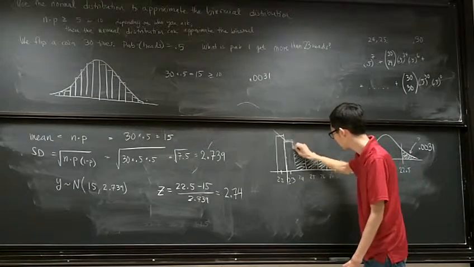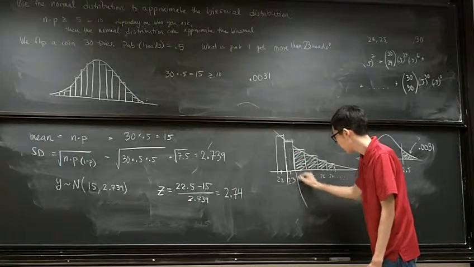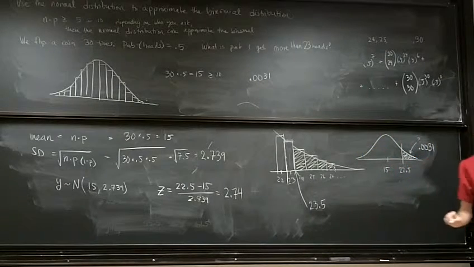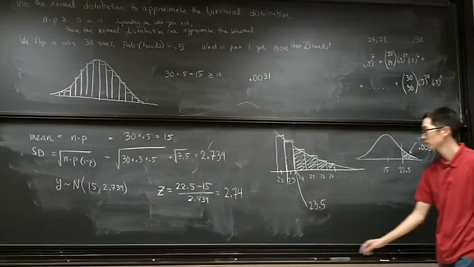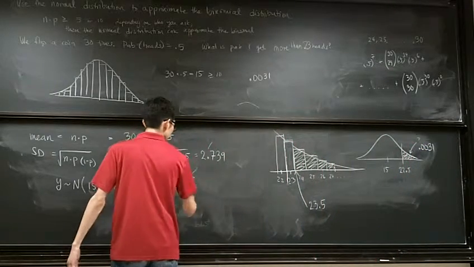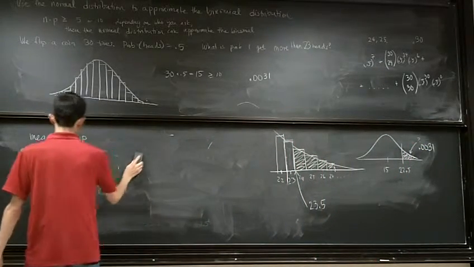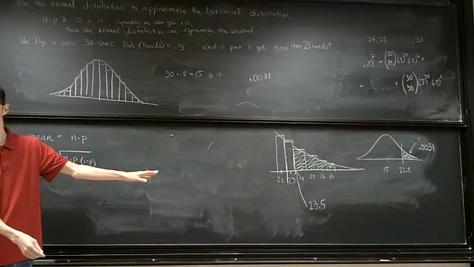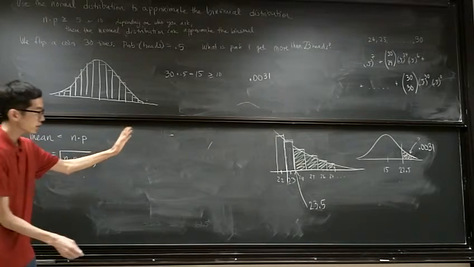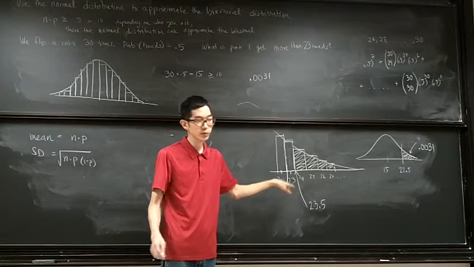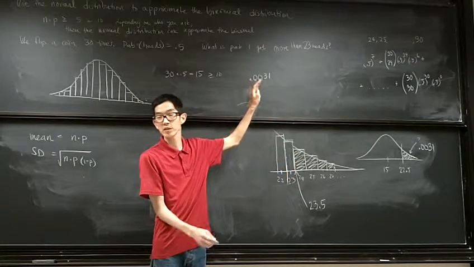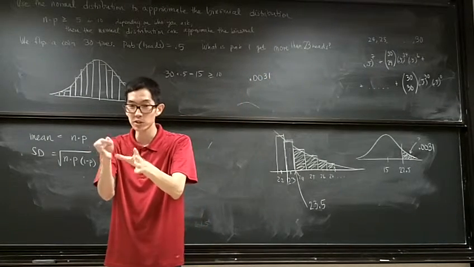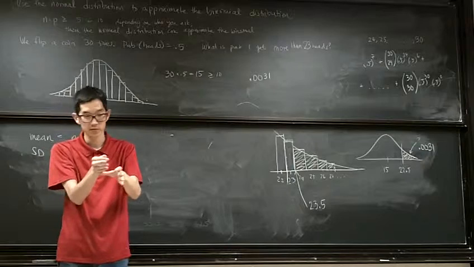So I would draw my cutoff at 23.5. Can you see that? Okay, so whether we go to 22.5 or 23.5 all depends on the wording of the question, and whether or not you want to include that particular answer.